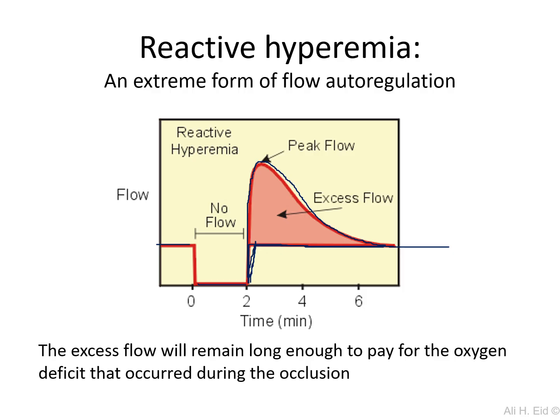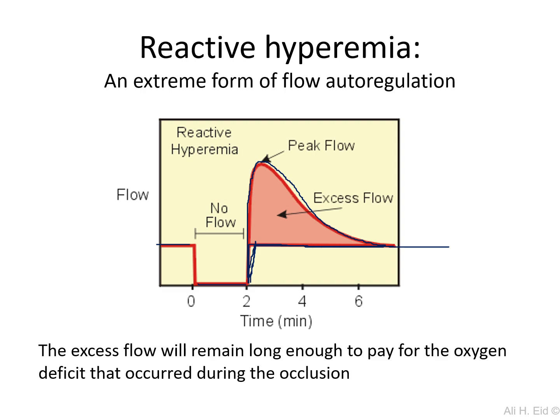So hypoxia itself and adenosine as a metabolite are going to dilate arterioles, and that's going to decrease vascular resistance. Thus when the perfusion pressure is restored, i.e. when the occlusion is released, the flow becomes dramatically elevated because of the reduced vascular resistance imparted by adenosine and other metabolites, in addition to the hypoxia that happened.